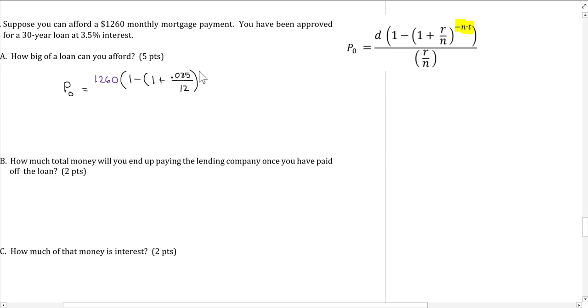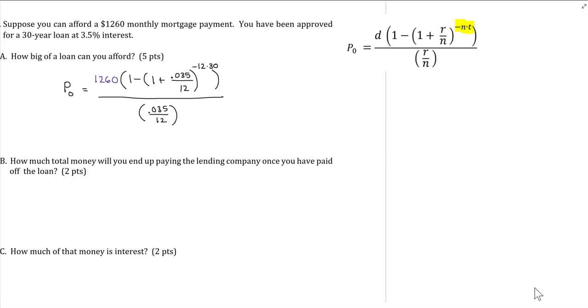Divided by 12 because it's monthly payments, to the negative 12 times 30, or you can just change that to 360, over 0.035 over 12. And that should give you a mortgage, or initial mortgage, of $260,595.68.